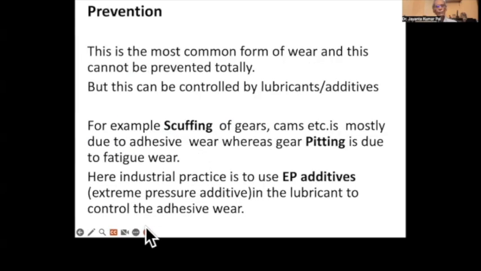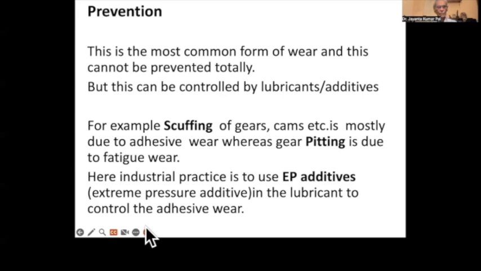So how do we prevent it? As we said earlier, wear cannot be prevented totally. So we try to find out the most prominent type of wear. If in a certain case adhesive wear is most prominent, then we use lubricants and additives.